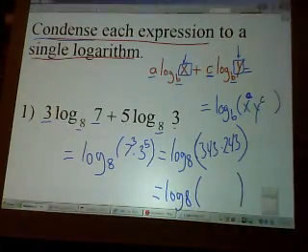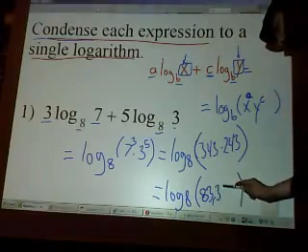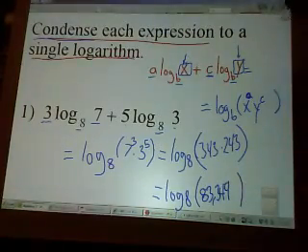So go ahead, work out this calculation real quick in your calculator. Do 343 times 243, and what do you get? 343 times 243 makes 83,349.